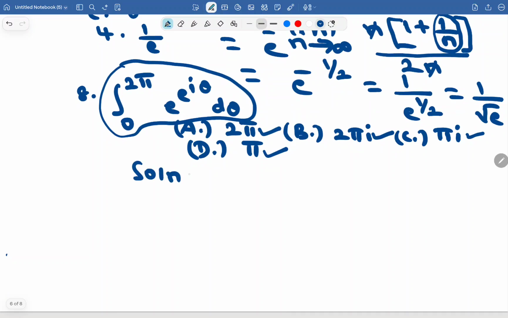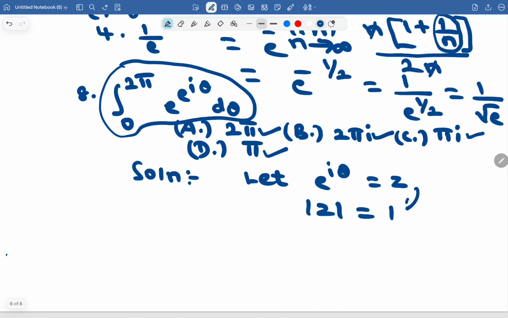Solution. Let e power i theta, which is equivalent to z, mod z equivalent to 1. Since modulus of e power i theta means square root of cos square theta plus sin square theta, square root of 1 is 1.